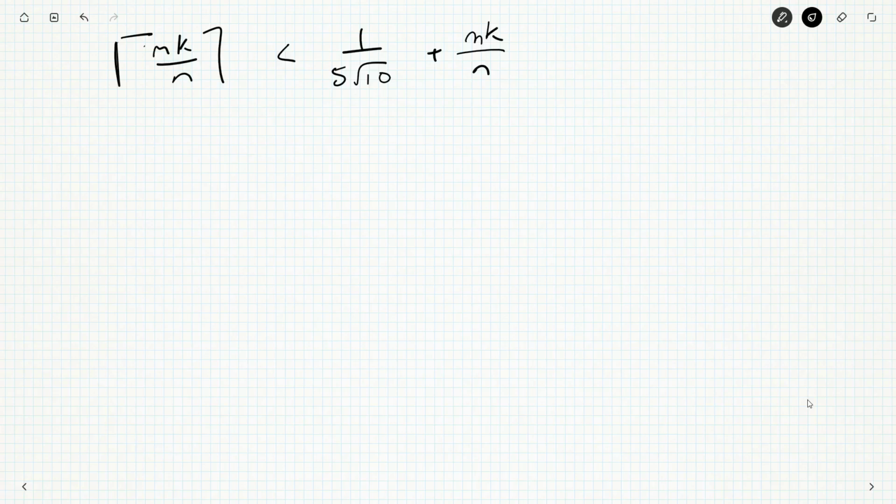No, I genuinely think the ceiling function is not a good way to go. There's just too much unknown. I don't know this k, I don't know the m or the n. I don't even really have a good relationship with the m and the n's. I can do more inequalities here, but the fact that I still don't have a way to get mn out of this means maybe go back and look for something else.